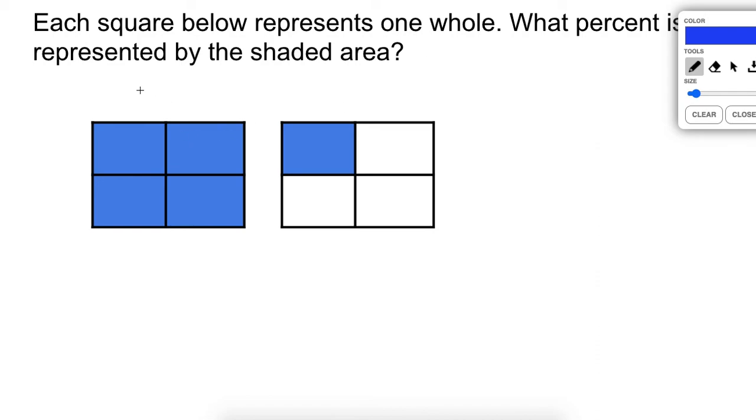If we realize that this is 100% and this is 25%, and we understand that 1/4 is 25%, then we can just add those two together. Since each square below, and again they're talking about the whole square, is 1 whole, we have 1 whole, which is 100%. We have one section shaded in out of this whole, which is 25%. So we have 125%.